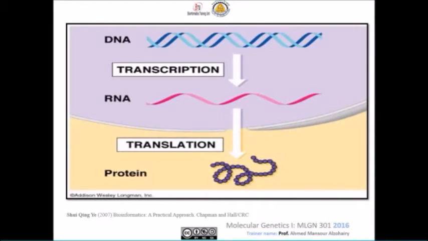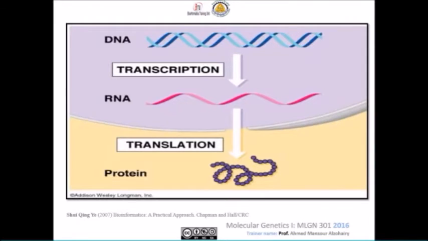As we see, normal translation means that the DNA will be transcribed into RNA inside the nucleus, and of course RNA should go outside the nucleus to the cytoplasm and be translated to a protein.